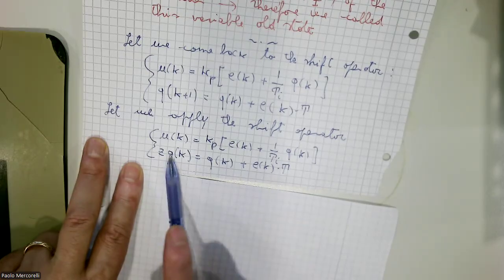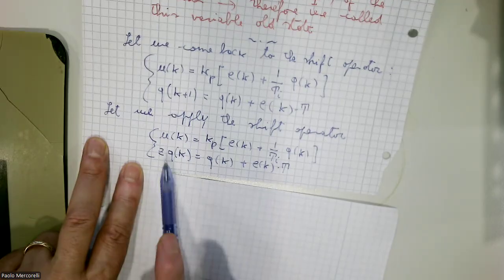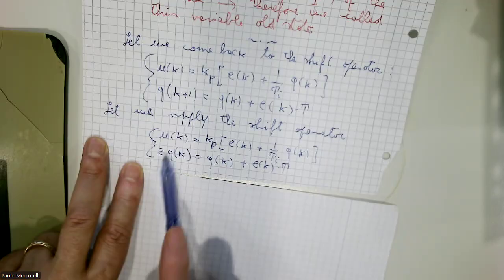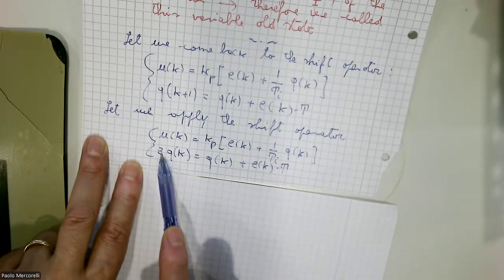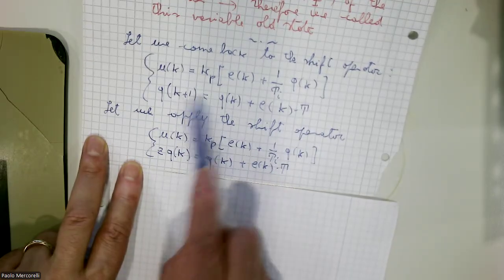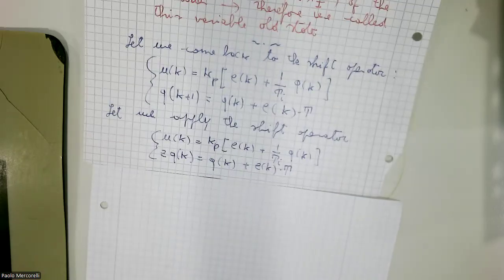I don't know if you remember the definition. I can consider Q of k plus 1 as z multiplied by Q of k, no? As I told you about the definition. Quite abstract, quite mathematical. We will see a little bit the meaning of this z. Here I don't have to change anything because it's at time k. This could be represented in this form, just applying the definition without thinking about the meaning.